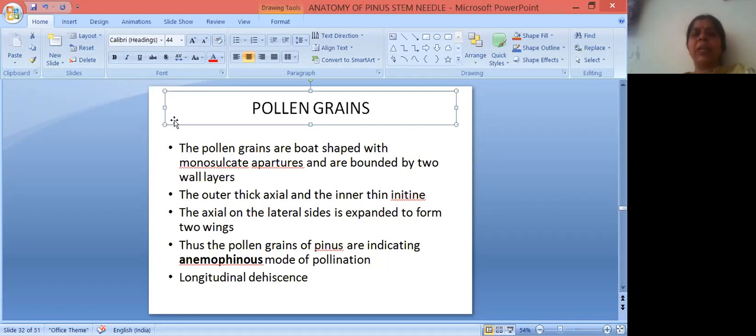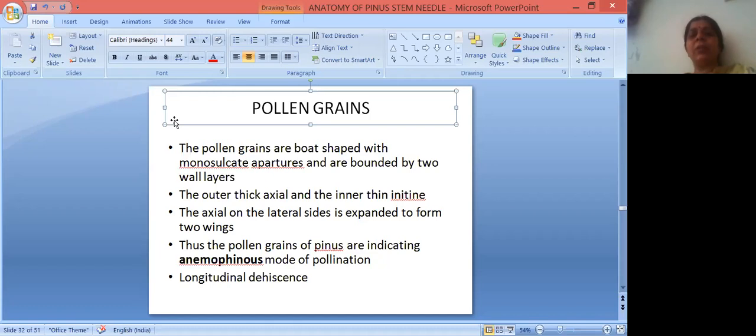Thus, the pollen grains of Pinus indicate an anemophilous mode of pollination. Anemophilous is nothing but wind pollination. Wind pollination naturally occurs in monocotyledons such as grasses, where the pollen grains are very light in weight.